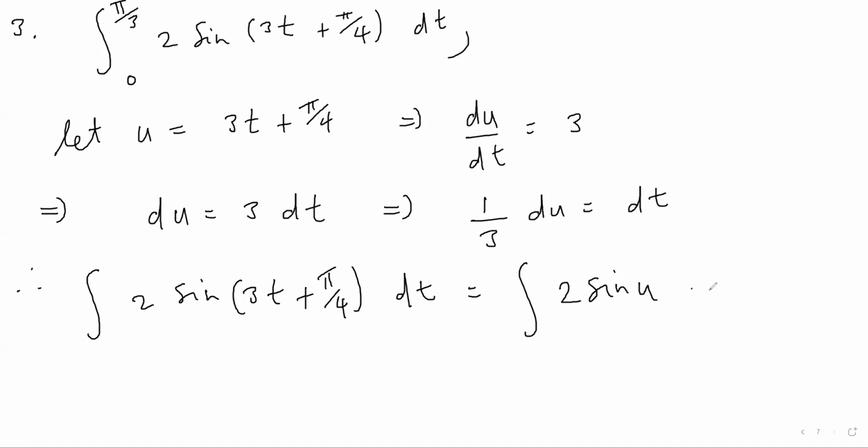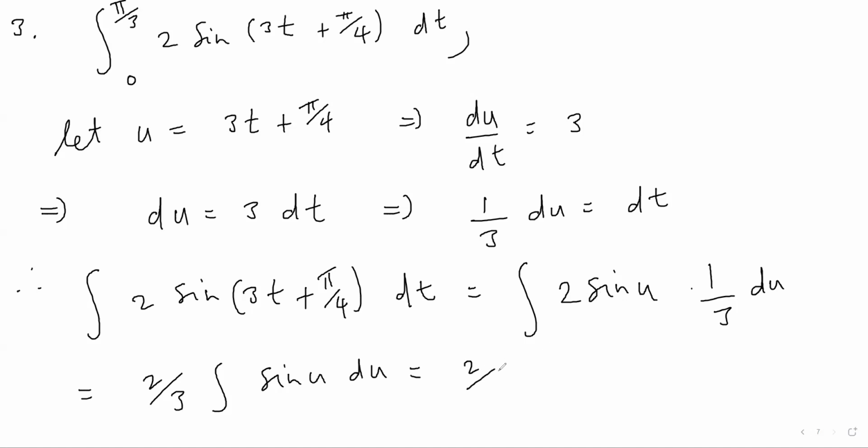Now 2 times 1/3 is 2/3, and that's a constant, so we take it out. Outside we are left with 2/3 multiplied by the integral of sine u with respect to u.